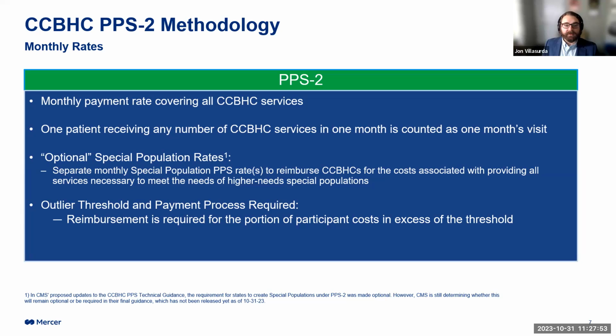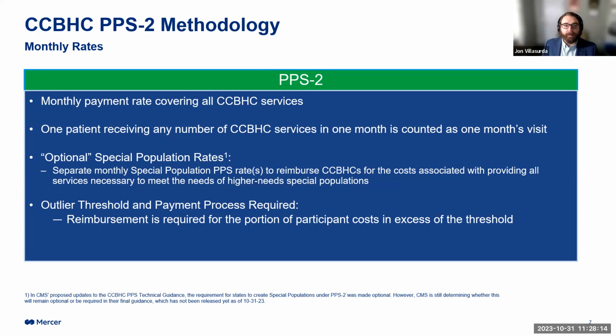That said, there is still an outlier threshold and payment process that's required under PPS-2, and what that means is the state must define a threshold for payments that exceed cost within a given month for a given participant or patient.